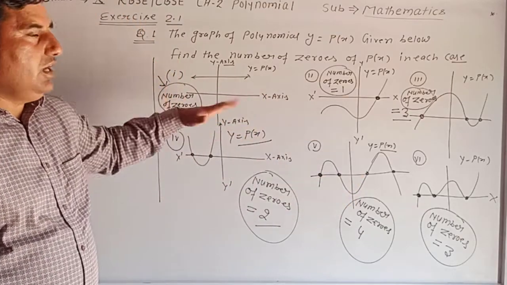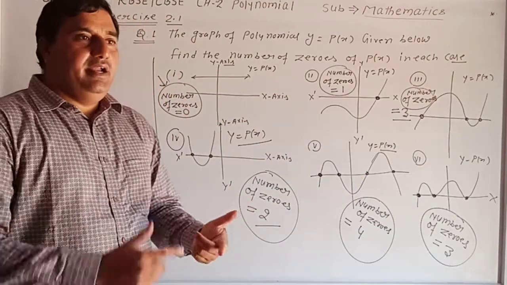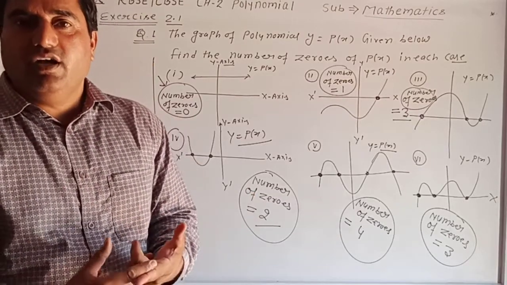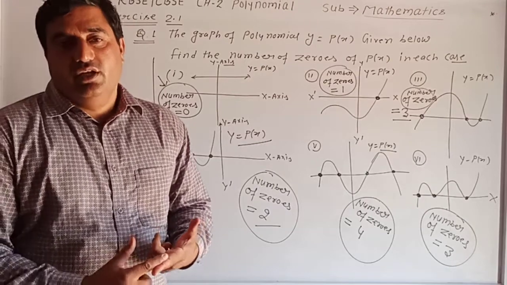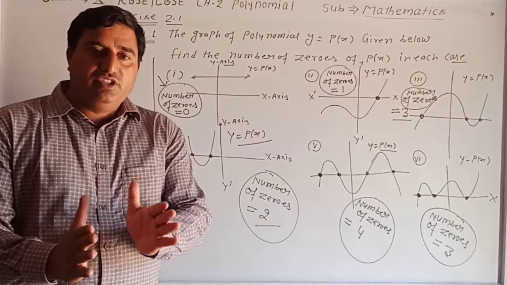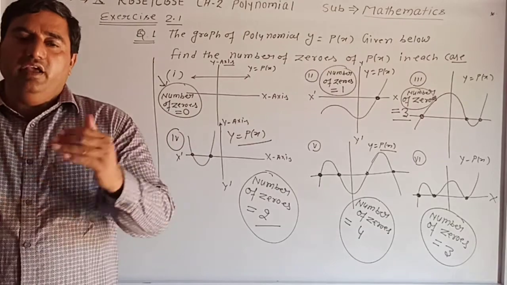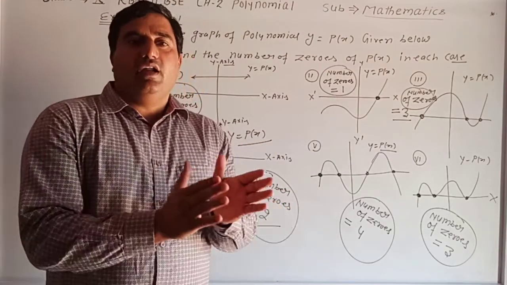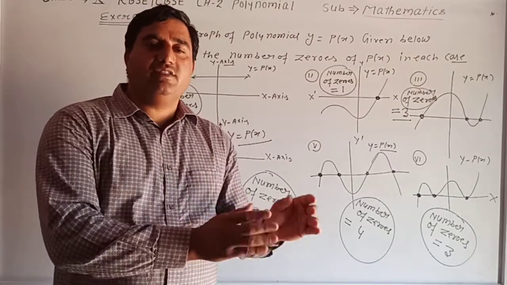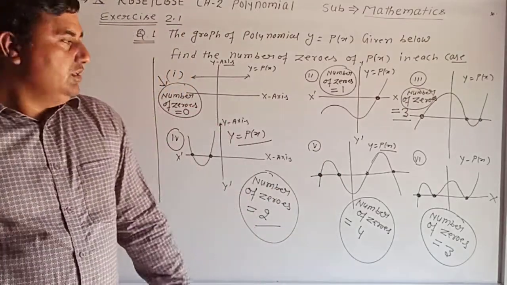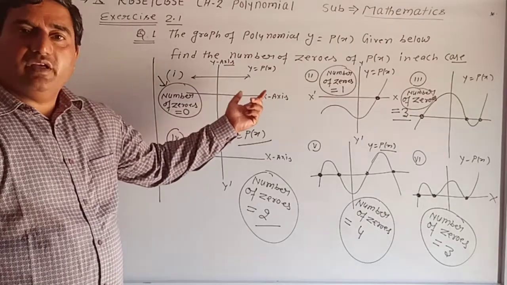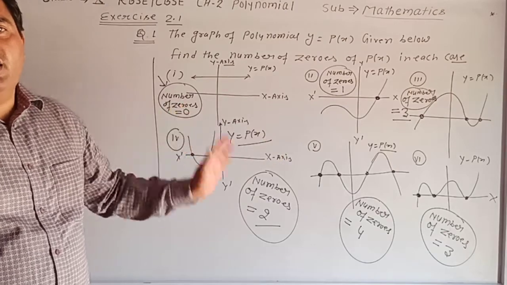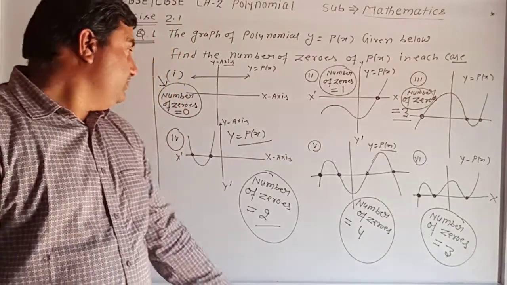So the number of zeros of the polynomial equals the number of times the graph of the polynomial intersects the x-axis. How many times does the graph intersect the x-axis? That equals the number of zeros.